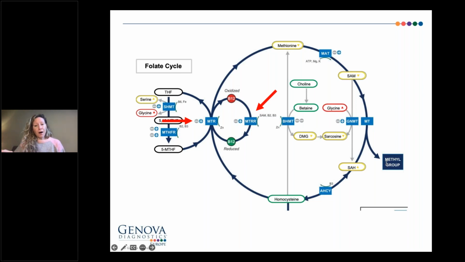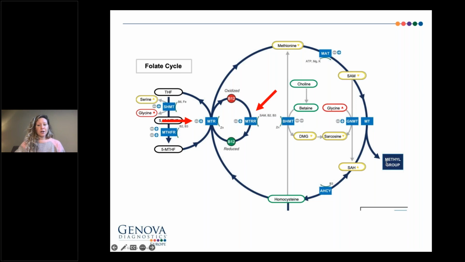The MTRR enzyme also has a heterozygous polymorphism, and that has a downregulating impact on the activity of the enzyme. MTRR is responsible for reducing oxidized forms of B12 to be reused, and that essentially regulates the availability of methylated B12 to convert homocysteine to methionine in addition to methylfolate.